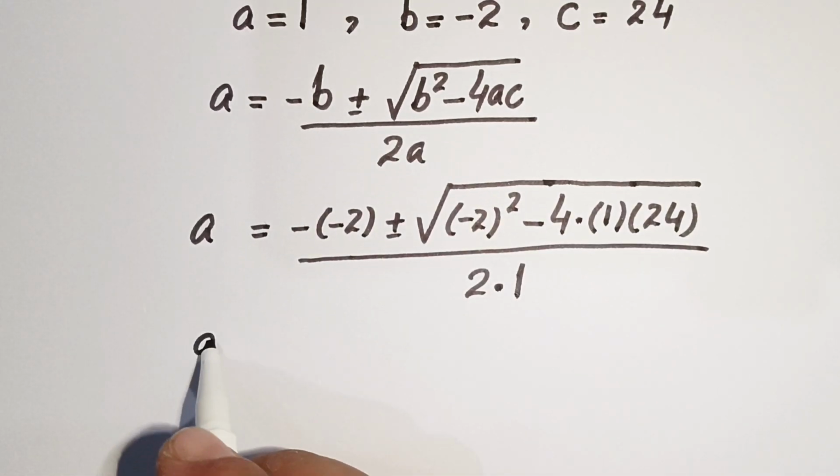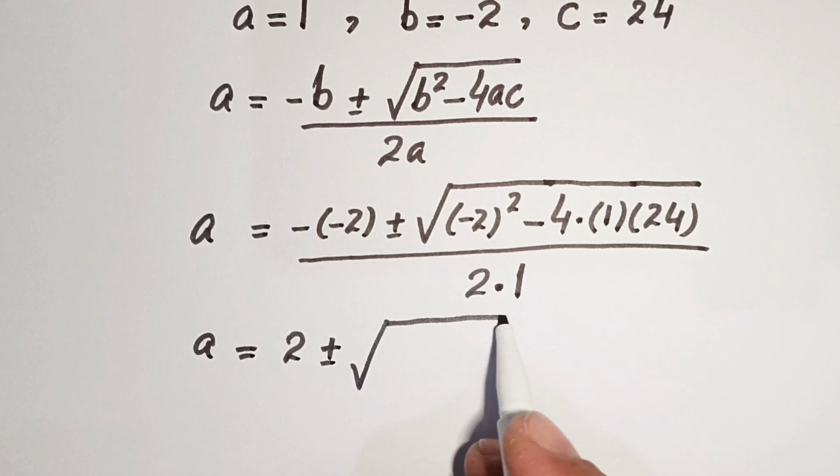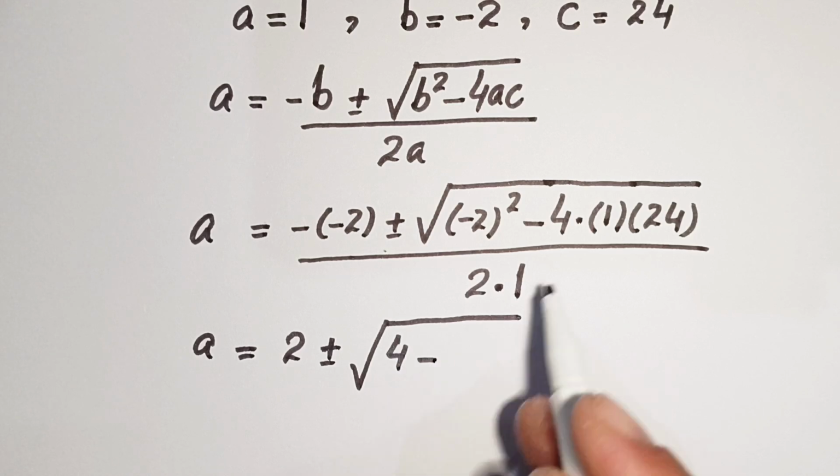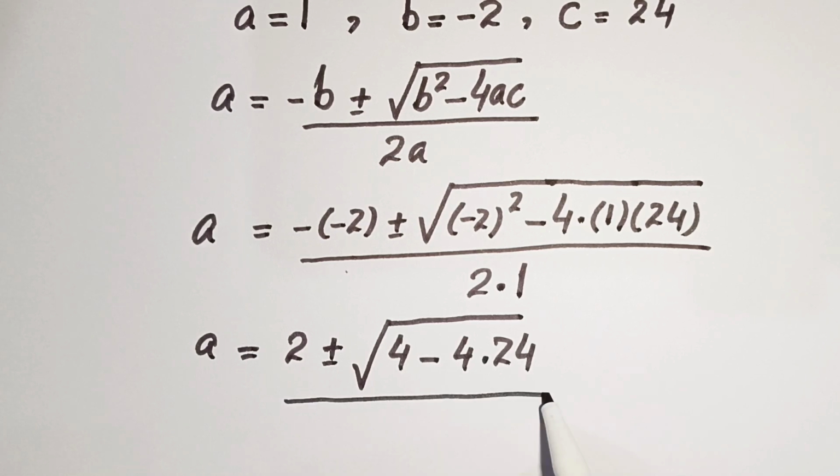Now a is equal to, minus times minus is plus, 2 plus minus the square root of minus 2 squared, which is equal to 4, and here we have 4 times 24, all over 2 times 1 which is 2.